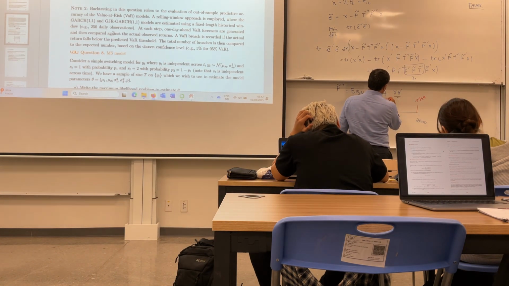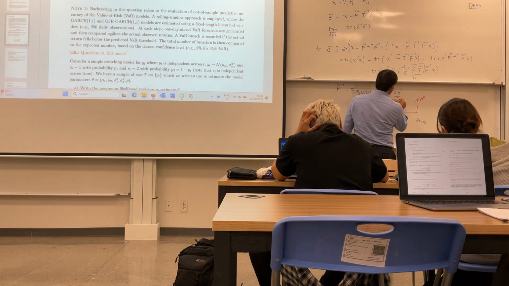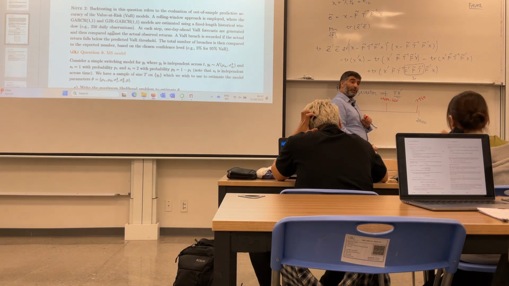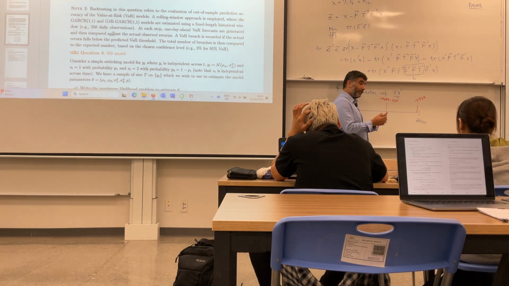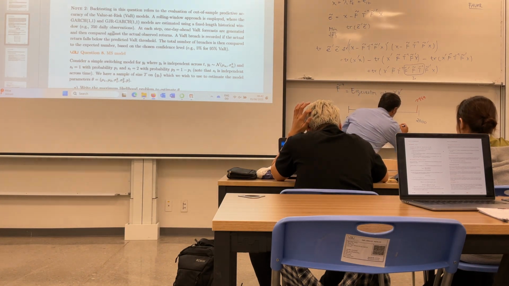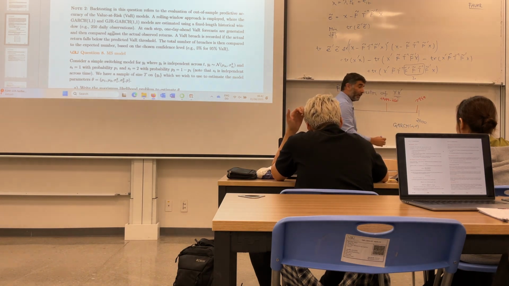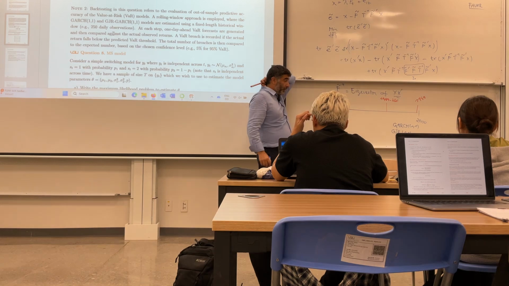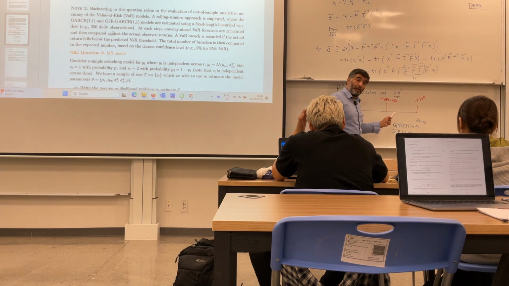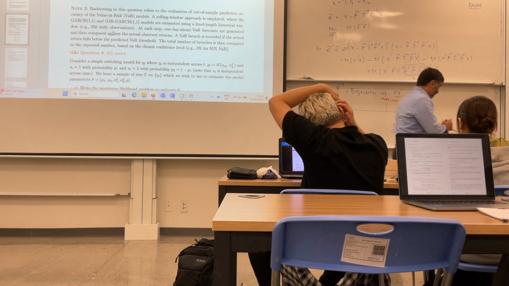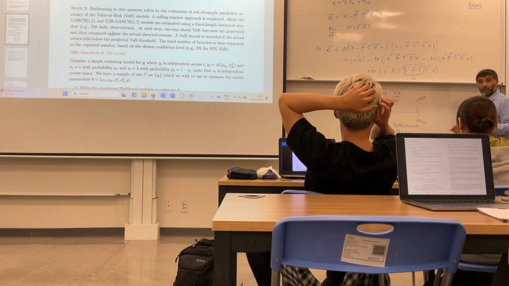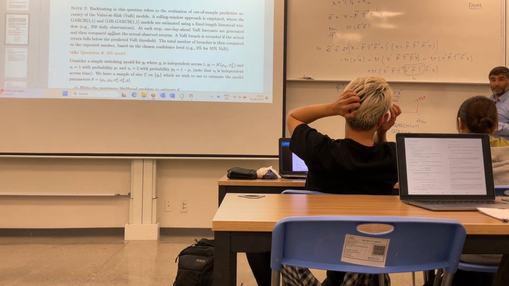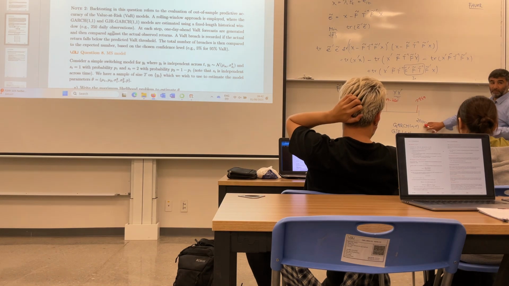So 1,999 minus 250 defines a window. Here we estimate a GARCH(1,1), and then we estimate a GJR(1,1) as well. So we estimate using these last 250 observations and provide a forecast for volatility for day 2000.